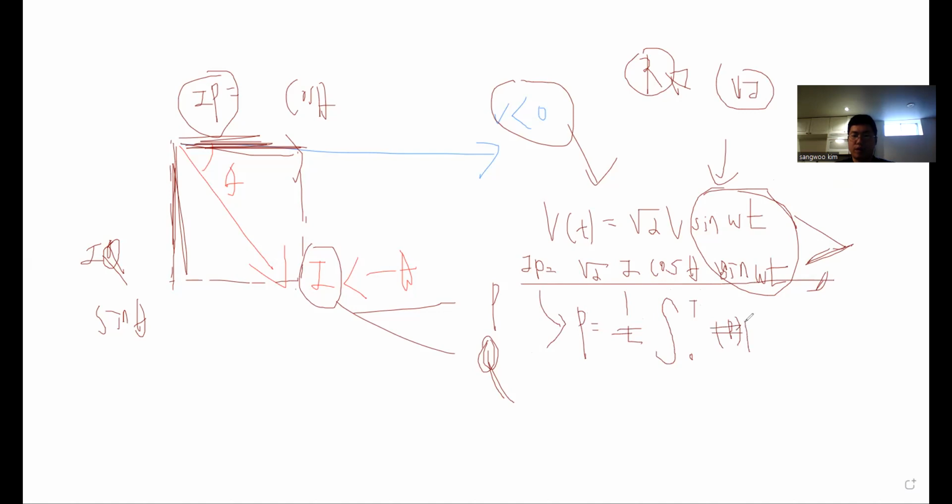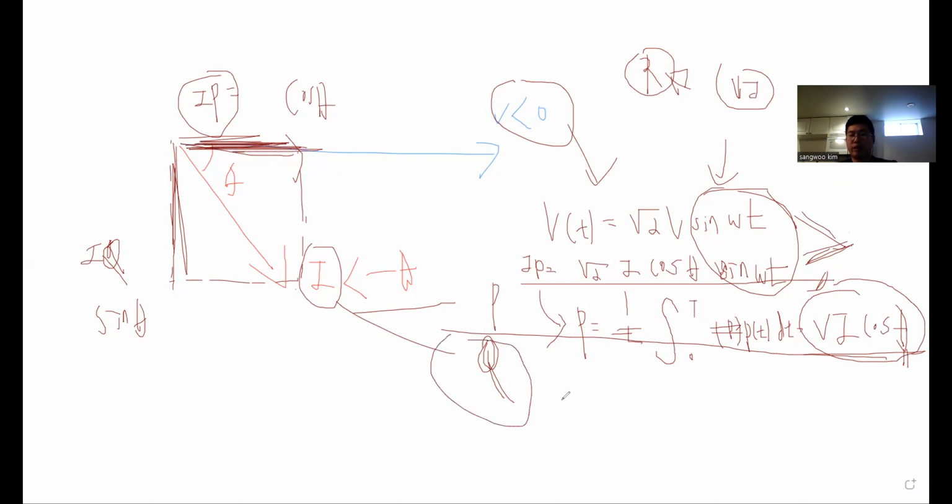P is dT dt is VI cosine theta. This is what we call active power, which means in phase, and we actually use this part. But instead, we will learn about this P reactive part.